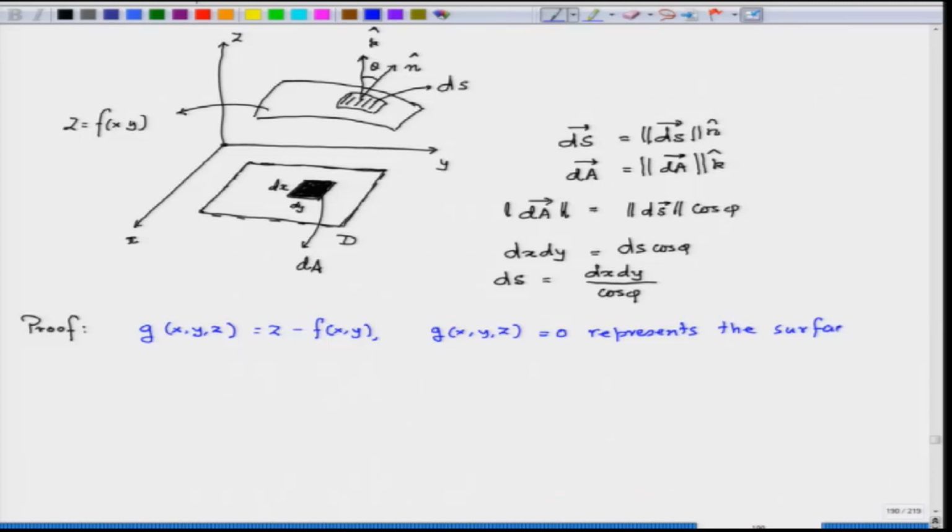Now, once you know that this represents the surface, you know that the gradient of g is normal to that surface, right.